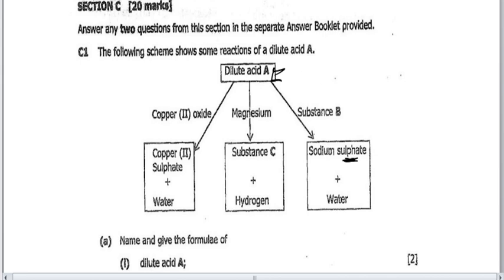If it was sodium chloride, then this acid would have been hydrochloric acid. Now since there is a sulfate, it's sulfuric acid. Then the formula is H2SO4. That's the formula of sulfuric acid.